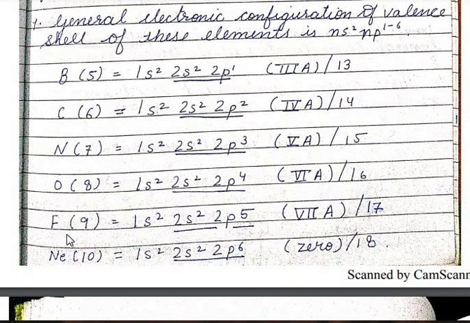Chlorine with atomic number 9 has electronic configuration 1s2, 2s2, 2p5. It is placed in 7th A group or in 17th group. Neon with atomic number 10 has electronic configuration 1s2, 2s2, 2p6. It is placed in 0 group or in 18th group.